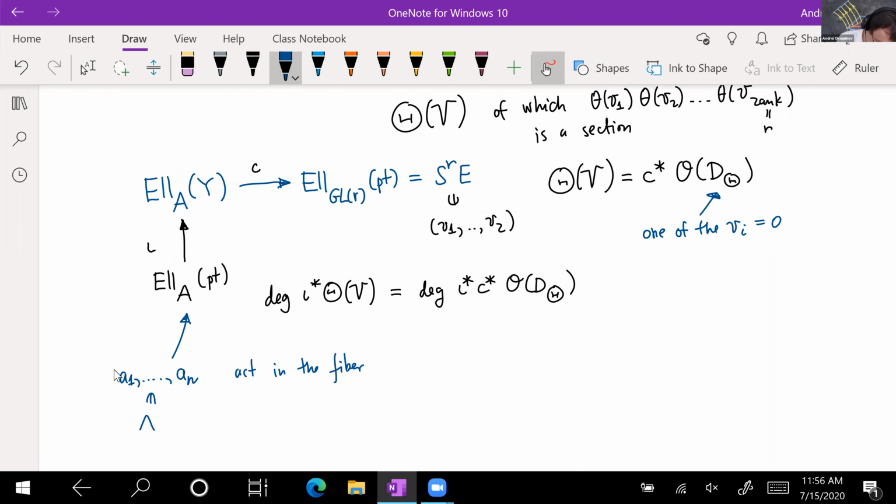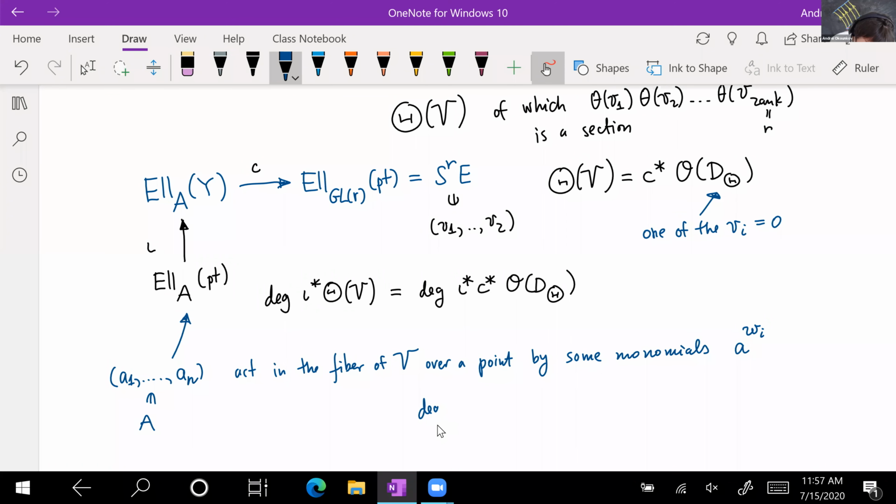These are coordinates in my actual torus A, acting in the fiber of V over a point by some monomials. There were A to some power, maybe call it Wi.